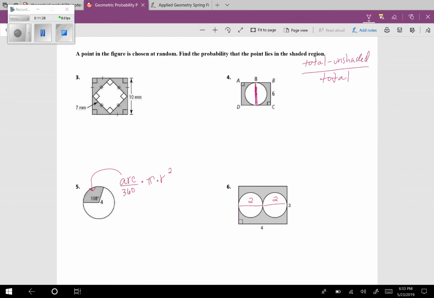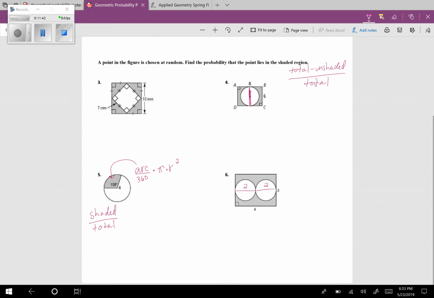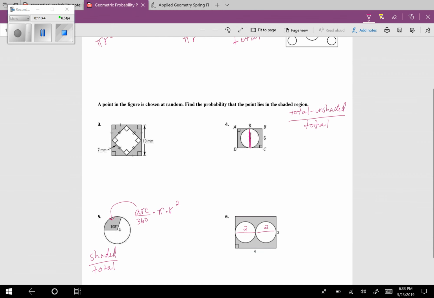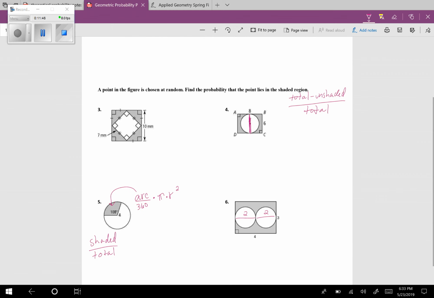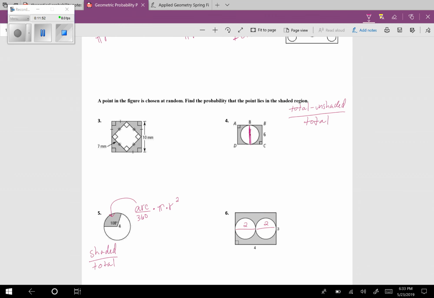The only thing on number 5 is this one's going to be shaded out of the total. So shaded out of the total for number 5. So that's it. That's all the setup that you really need for these kinds of problems. Just remember, you're looking for the favorable area out of the total area. So that's the concept with these ones.